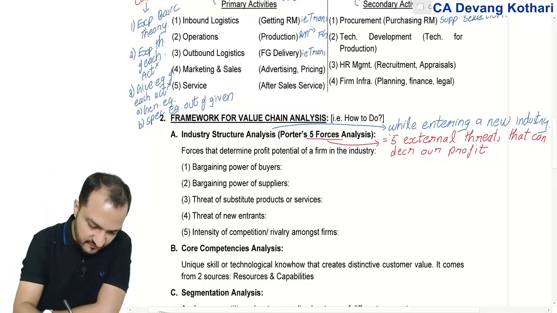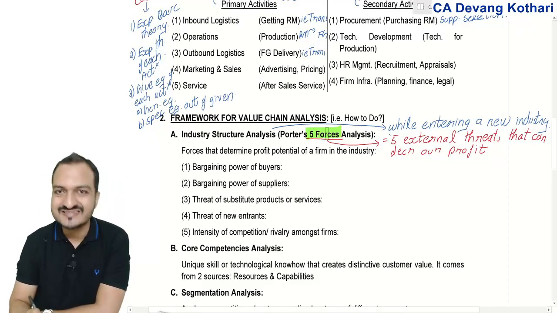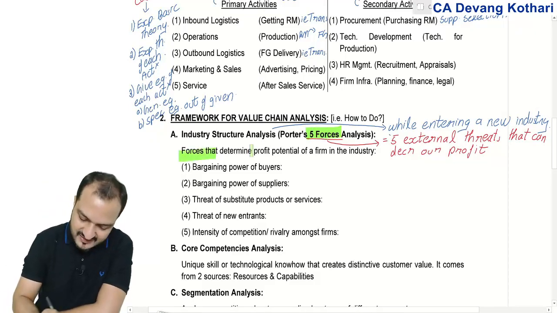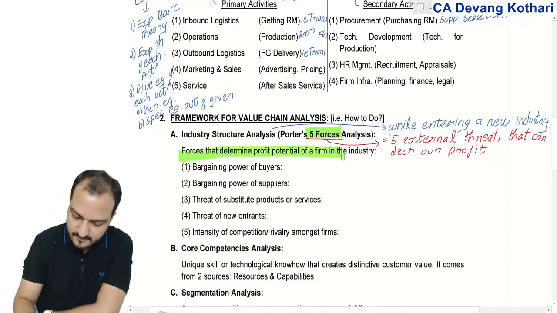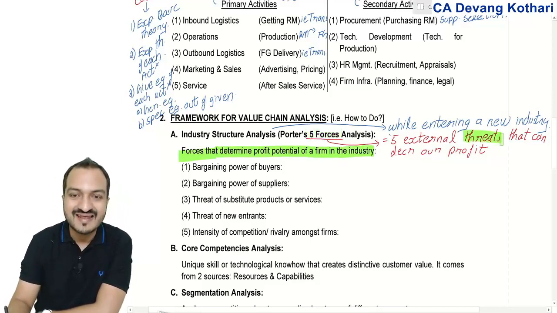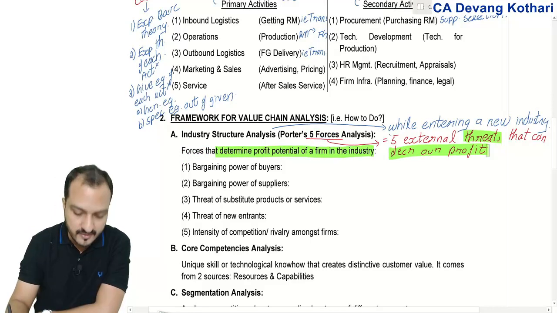Let's see what these five forces are: the forces that determine the profit potential of my company in the industry, or threats that can decrease my profit potential in the industry.